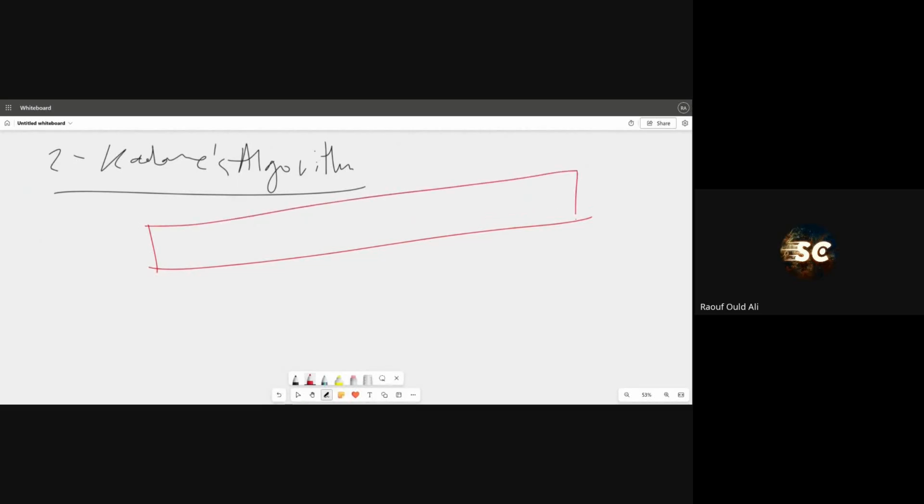Okay? Say 1, -3, 4, 5, -2, 6, -24. Okay? We want to know what is the maximum sum of a subarray of this array.